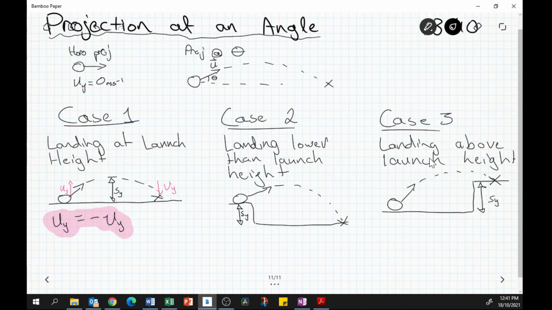Obviously here, in this case, Vy in the final direction here is going to be much greater, right? But it's commonly the case that Sy is negative. Whereas here, Sy is commonly positive. Okay?